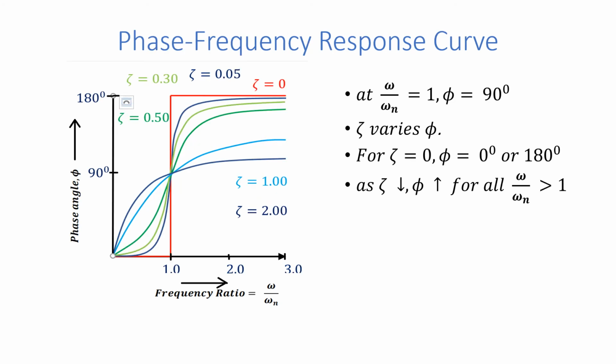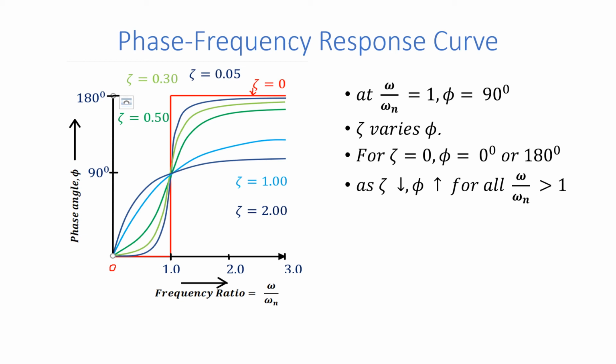Next is the phase frequency response curve. We make a plot between phase angle phi and frequency ratio omega by omega n. Maximum phase difference we get is 180 degrees, lowest is 0 degrees, and the frequency ratio ranges from 0 to 3. What we observe is this is the plot for zeta 0, red color.